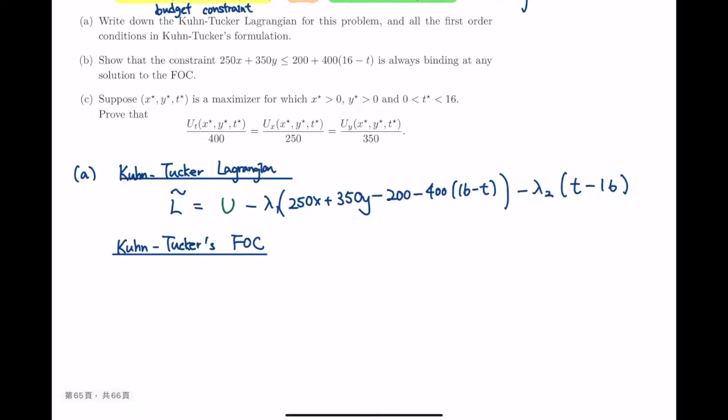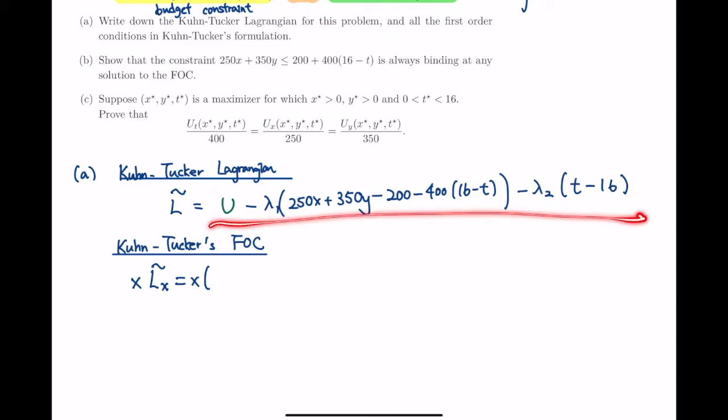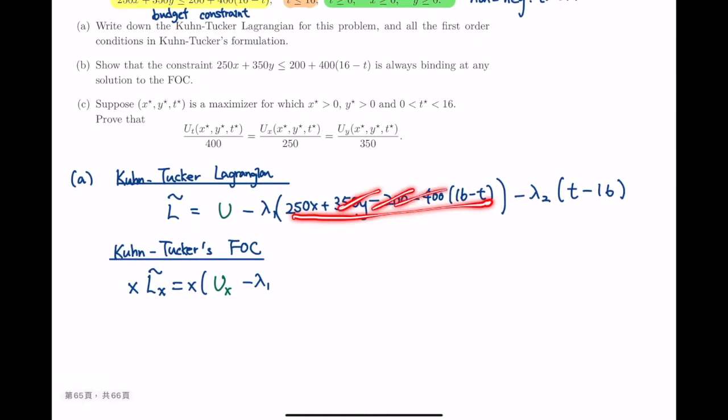In other words, you have x times L tilde differentiated with respect to x, which is x times ux, differentiating u with respect to x, and then minus lambda 1 times the derivative of the constraint with respect to x, only 250 survives. And then you have nothing else, because the last term has no x. So you want this to be 0.